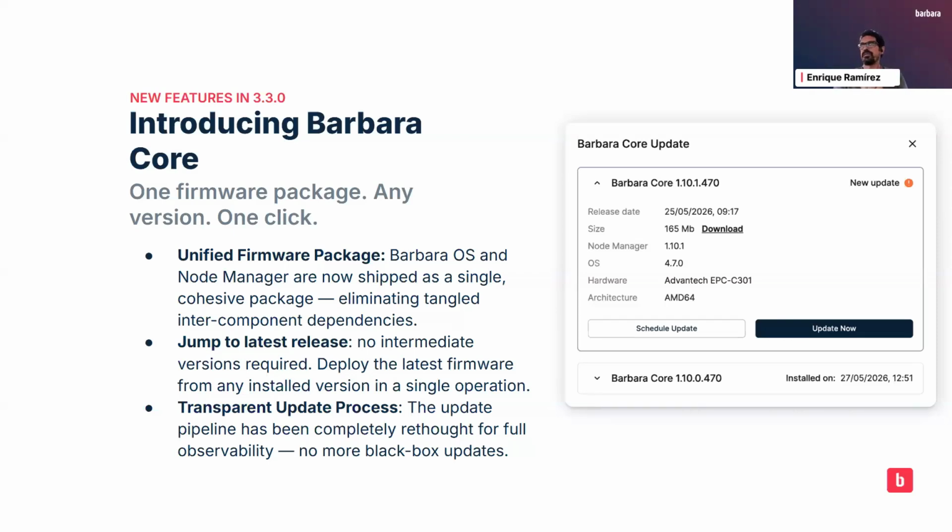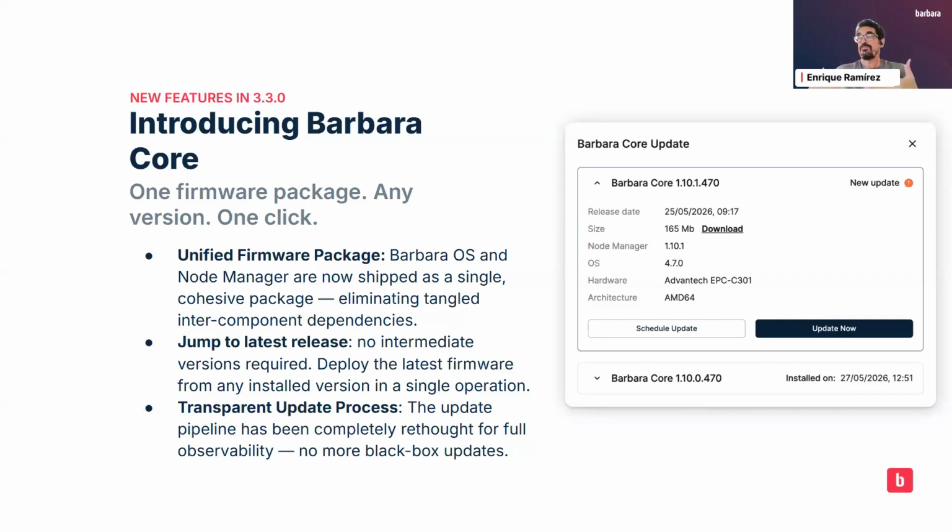So now, what is the difference? We don't have two different elements. We have just one, which is the Barbara core, which includes both. So now we have this unified firmware package.